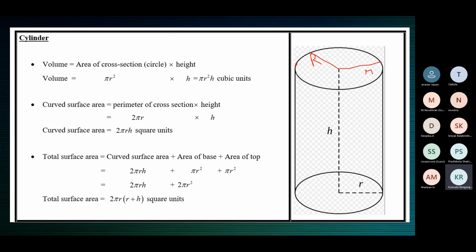Now when the wall is thick, for example, can you think of a sellotape roll? Now this is a cylinder. A sellotape roll is a cylinder which is open at both ends. Yes or no?